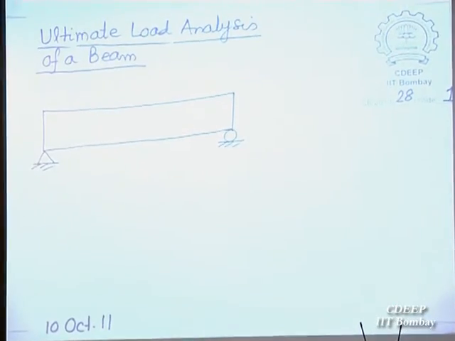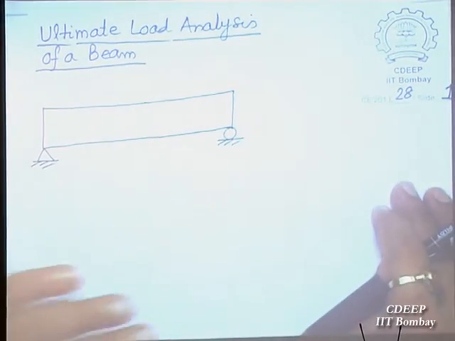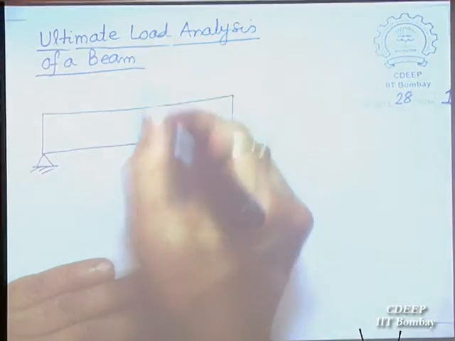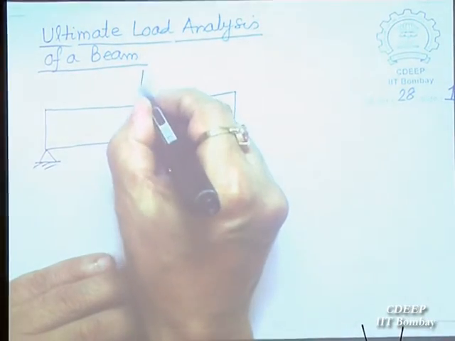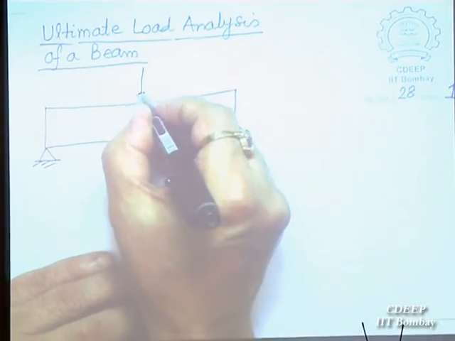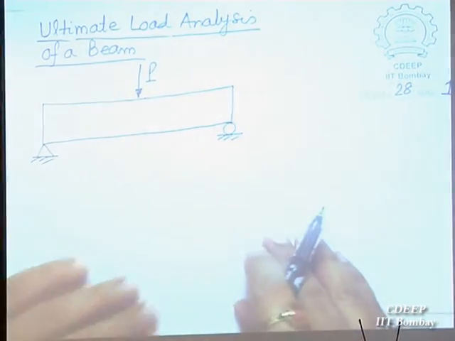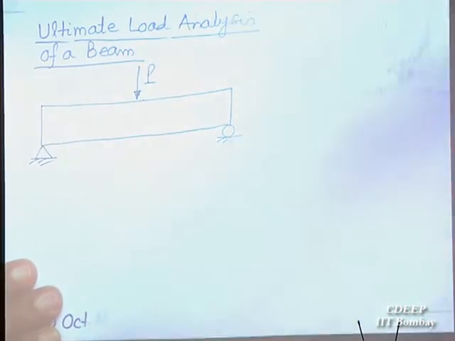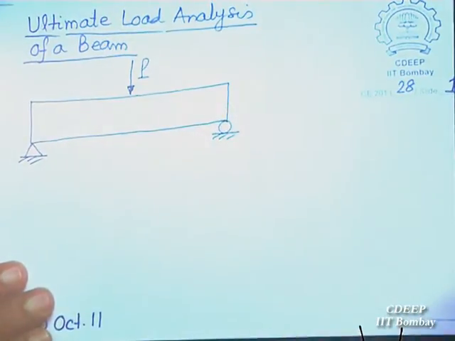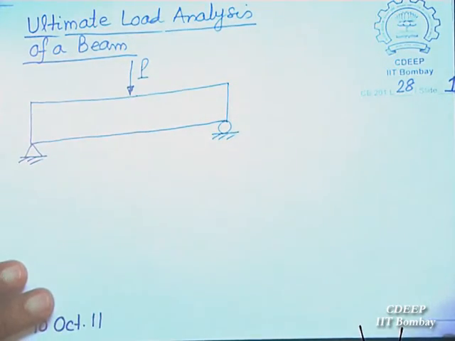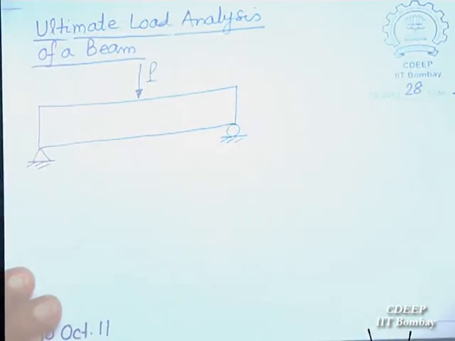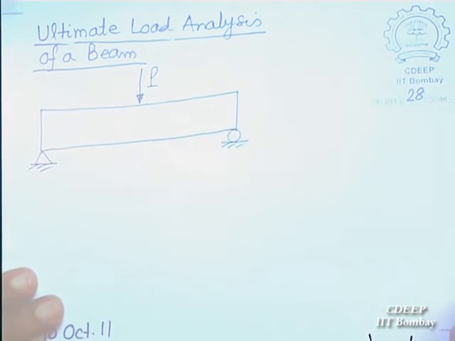Yes, we can take cantilever also. Now it is subjected to load P here. We would like to find out the maximum load that we can apply to this beam. Maximum, that means when it fails.